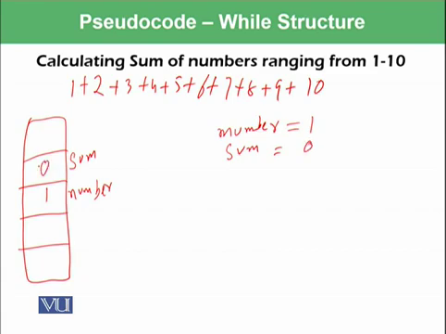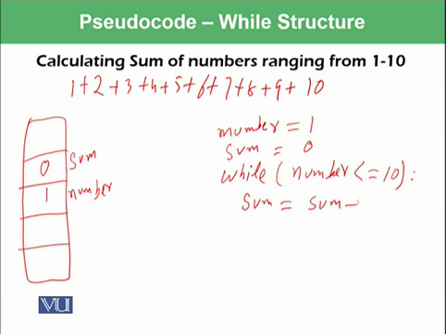So sum has a value of 0. Then we can say while number is less than or equal to 10, sum is assigned sum plus number, and number is assigned number plus 1.